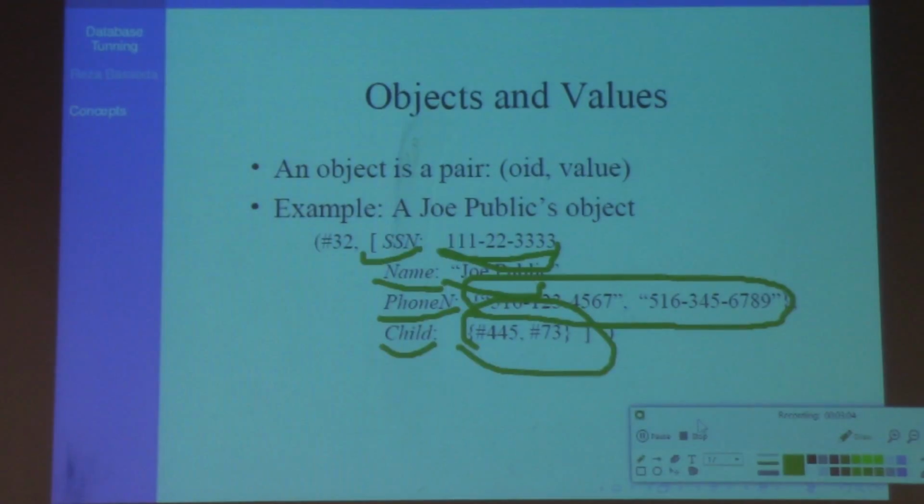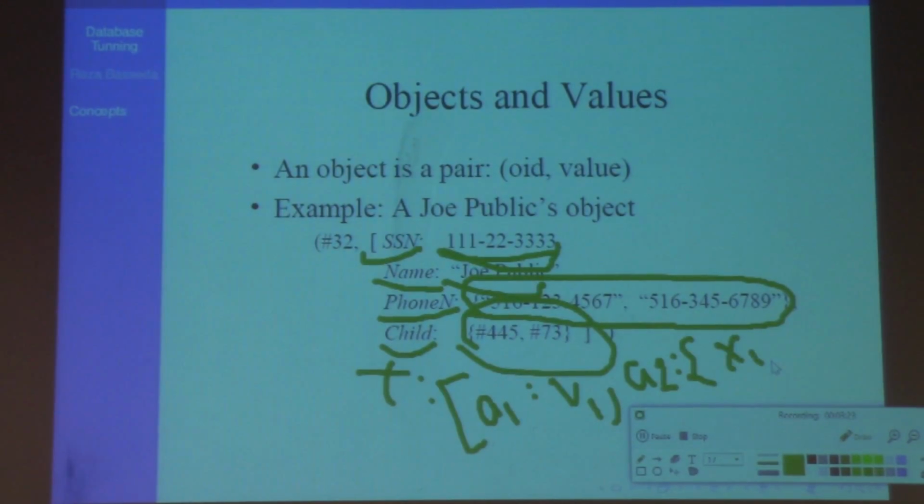Okay. So can I have, for a tuple T, A1, B1, A2, X1, and X2? Can I have something like this? Yes. Adding to this tuple?